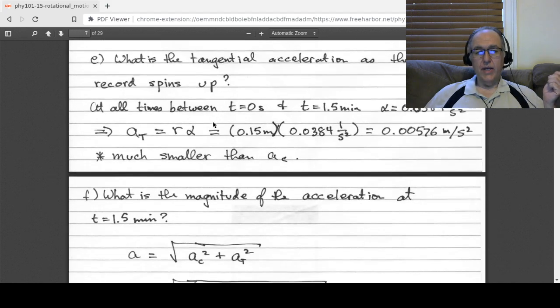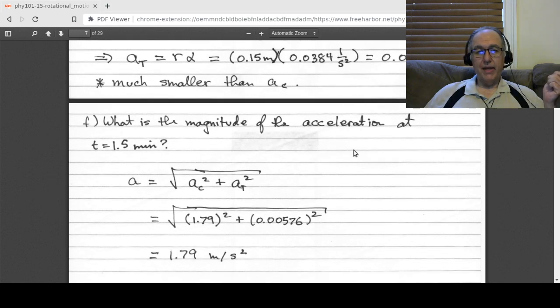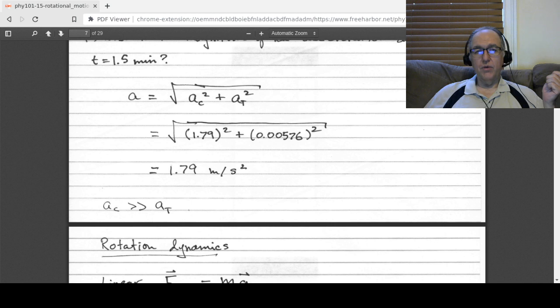When I ask for the magnitude of the full acceleration, it's not surprising that the tangential doesn't contribute at all. So a is equal to the square root of a_c squared plus a_t squared. The a_c part will be much, much bigger than the a_t part. The a_c part is roughly 2, and if you square that, that's roughly 4.